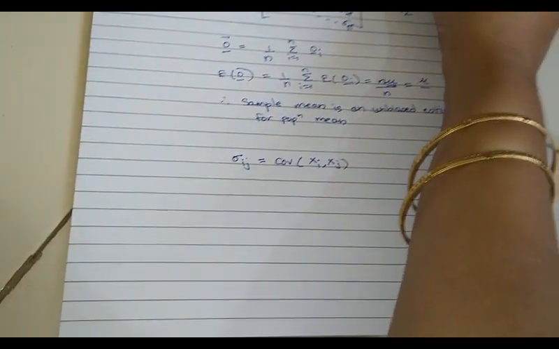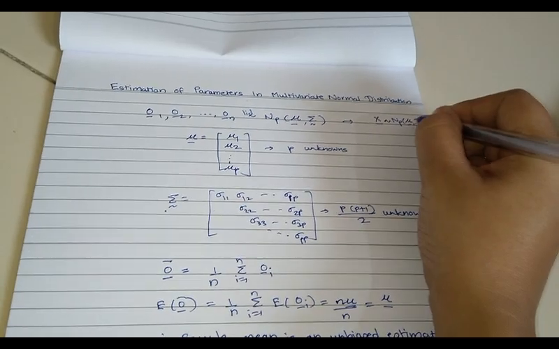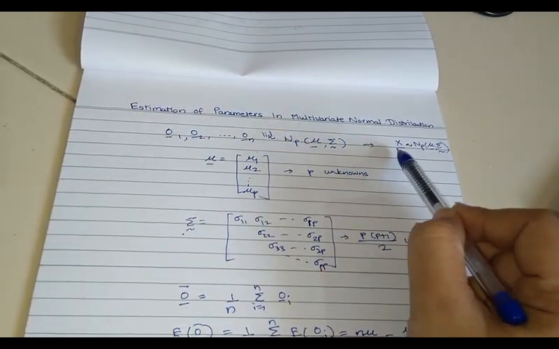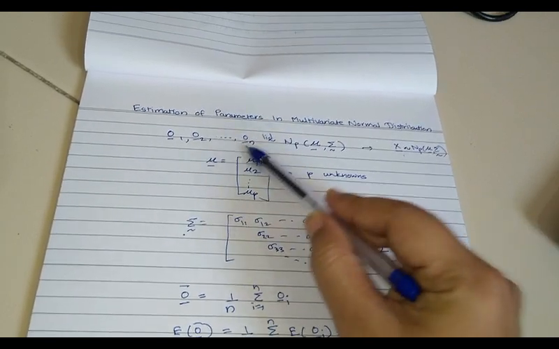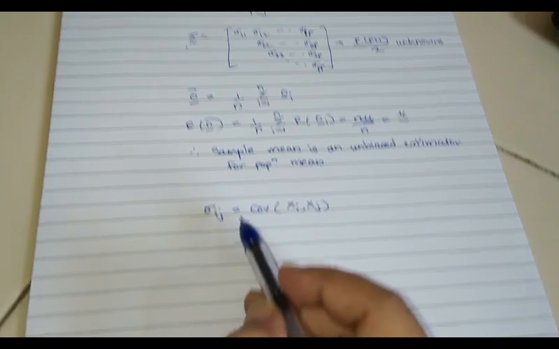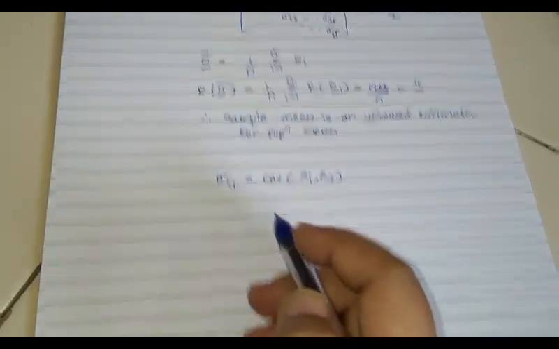So if I say that x has distribution Np(mu, sigma) and O1, O2, On are just realizations of x, so O1, O2, On are observations coming from distribution of this x, then sigma ij is covariance of xi, xj.